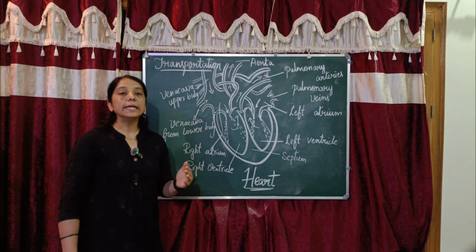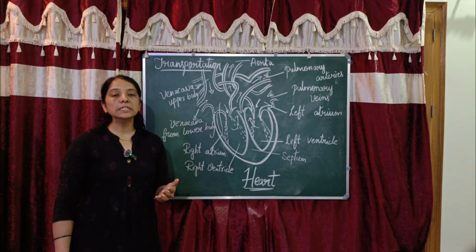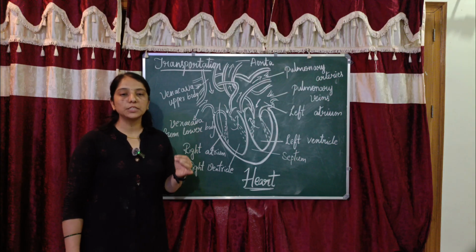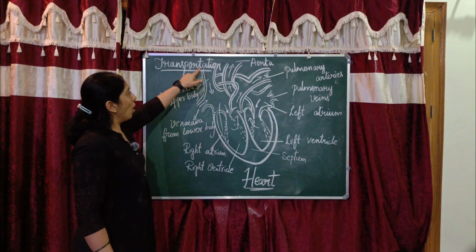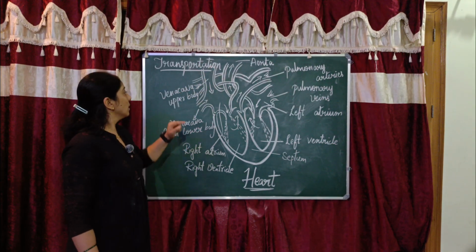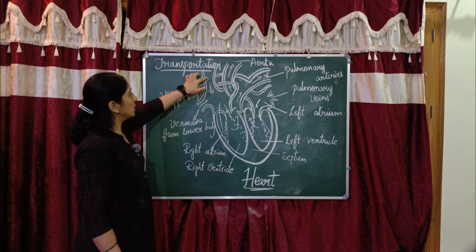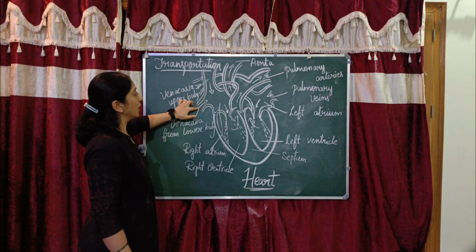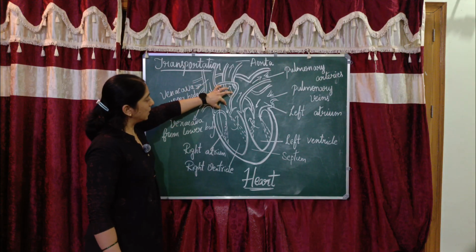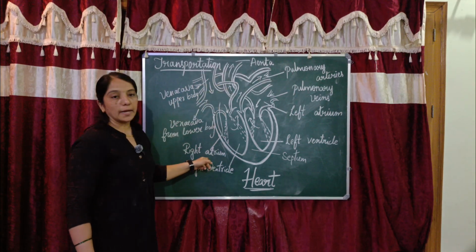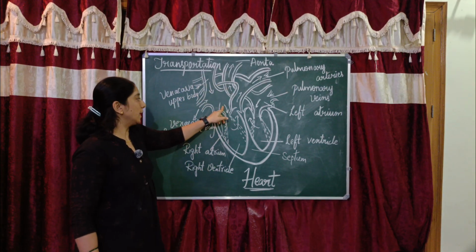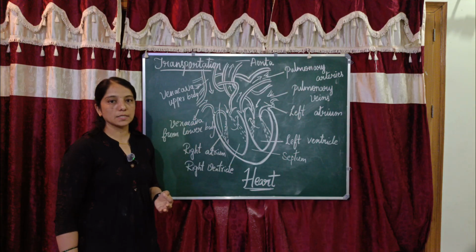And then deoxygenated blood, that means carbon dioxide rich blood, from all over the body, from the upper vena cava and lower vena cava, enters into the right atrium when the right atrium relaxes.